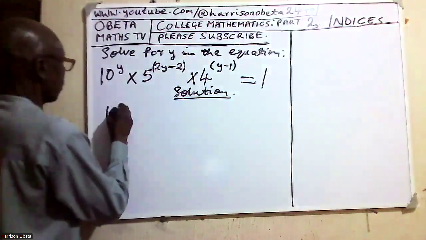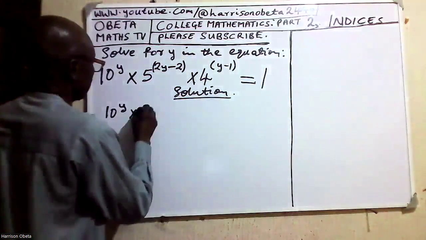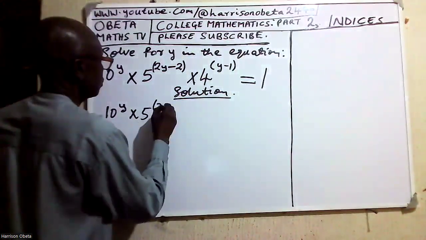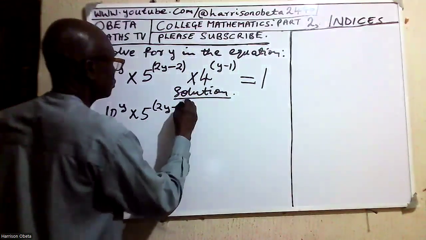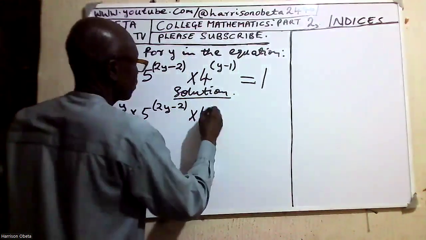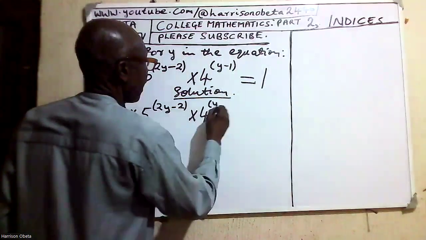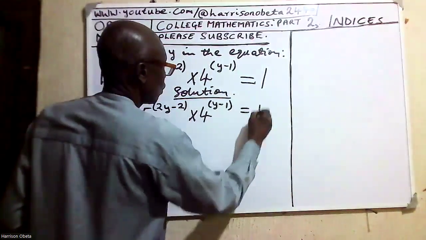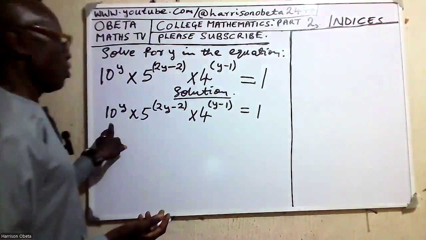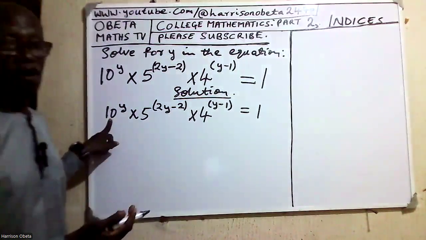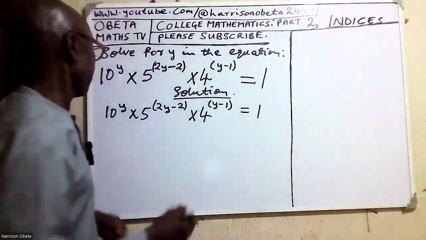We have 10 raised power y multiplied by 5 raised power 2y minus 2 multiplied by 4 raised power y minus 1 is equal to 1. Now we have to break this down to involve 2 and 5.